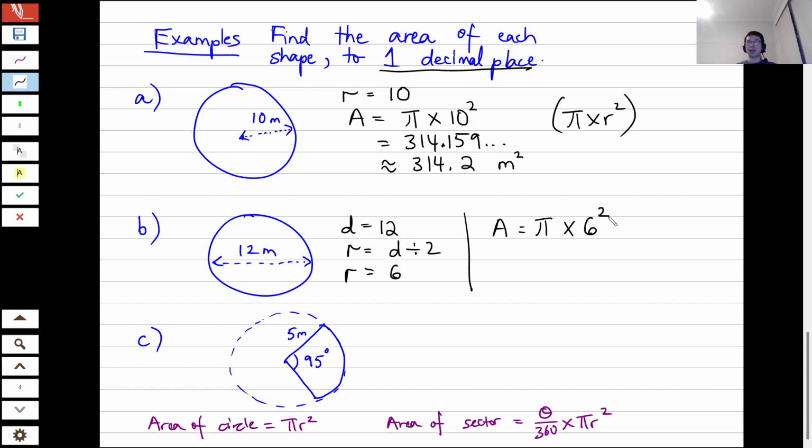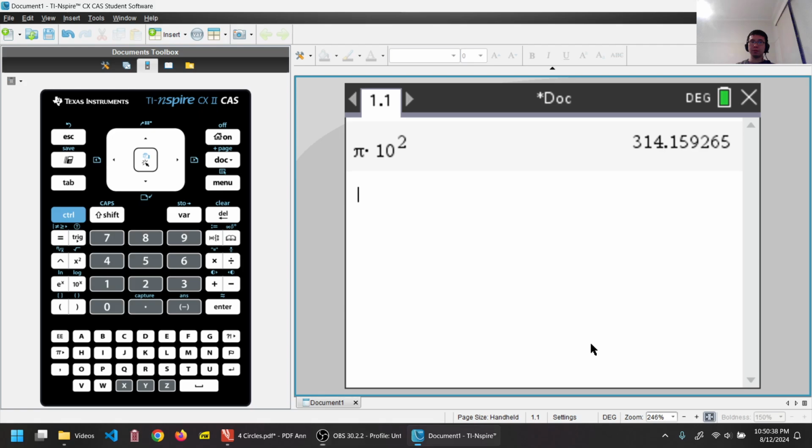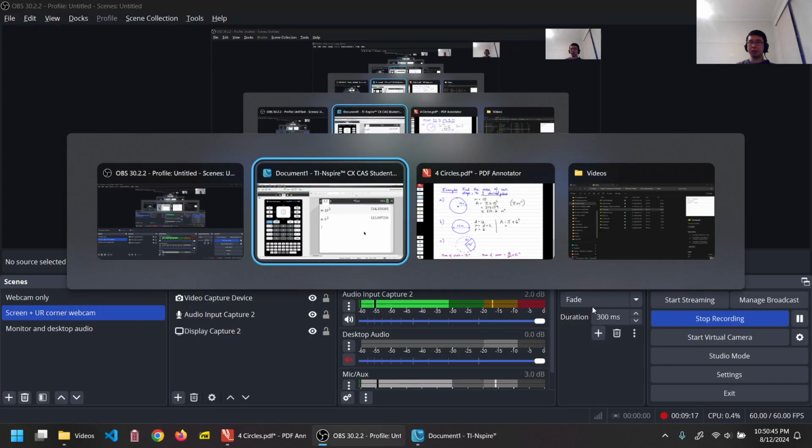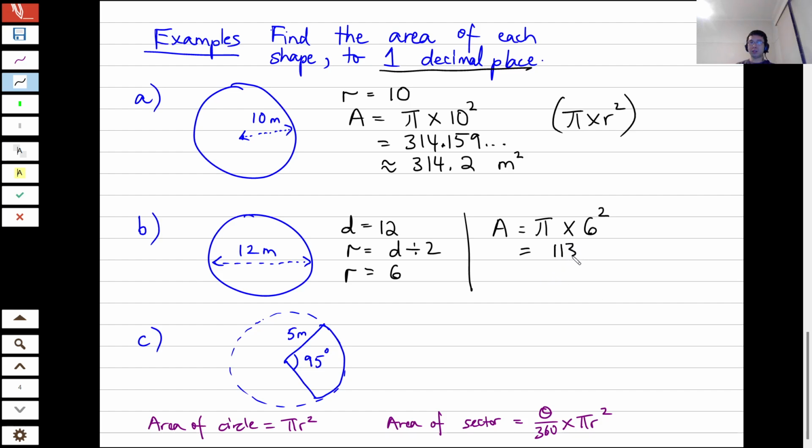So pi times 6 squared in this case. And this time I get 113.097. The second digit after the decimal point is larger than 5, so I'm going to round up to 113.1. And my unit is meters squared, because I was given meters in the question.